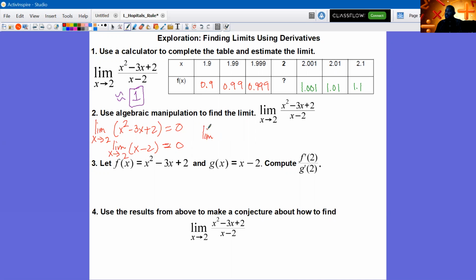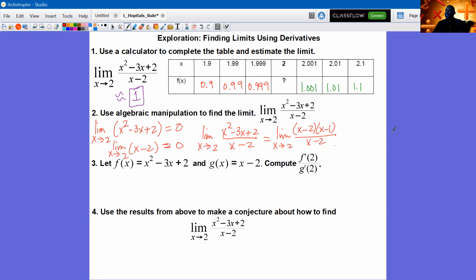So now we're going to factor the numerator. When I factor the numerator, that's x minus 2 times x minus 1 over x minus 2.